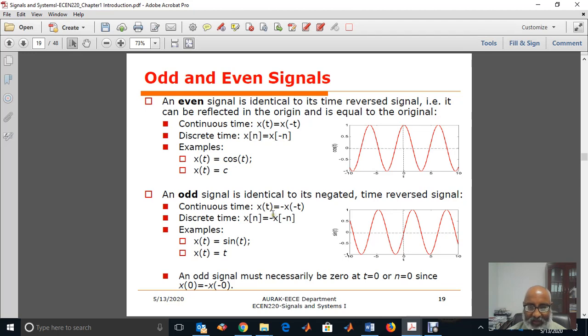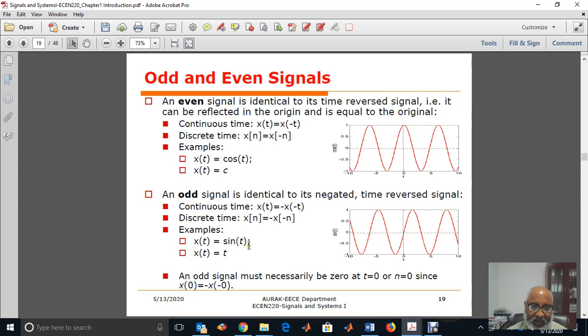What about an odd signal? An odd signal is a signal where x of t is equal to negative of x of minus t. So I have time reversal and also the amplitude multiplied by -1. For discrete, x of n is equal to minus x of minus n. So there is a reflection across the y-axis and then across the x-axis. For example, x of t equals sine t.